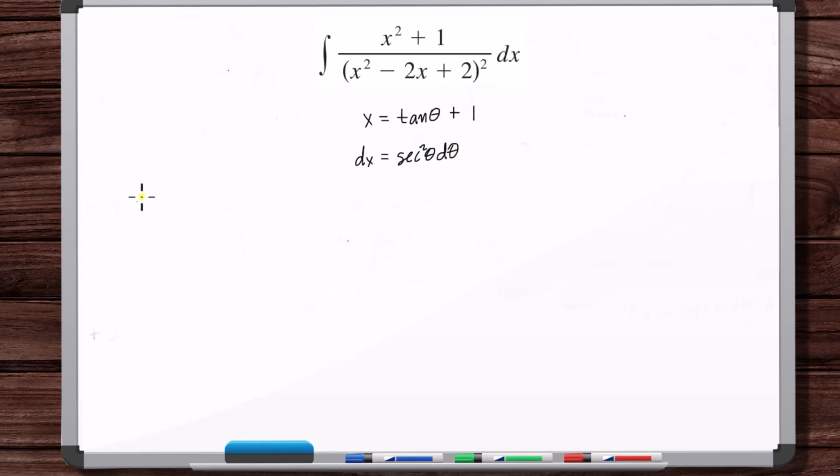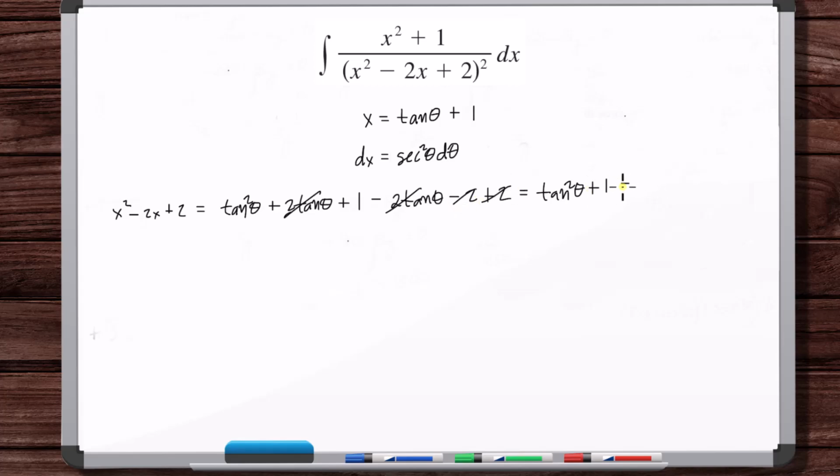Okay, so x squared minus 2x plus 2 is equal to what? Tangent squared theta plus 2 tangent theta plus 1 minus 2 tangent theta minus 2 plus 2. Tangent squared theta, well, these go away, plus 1.